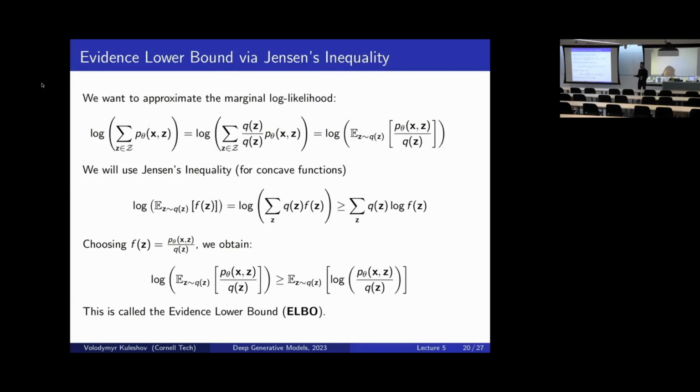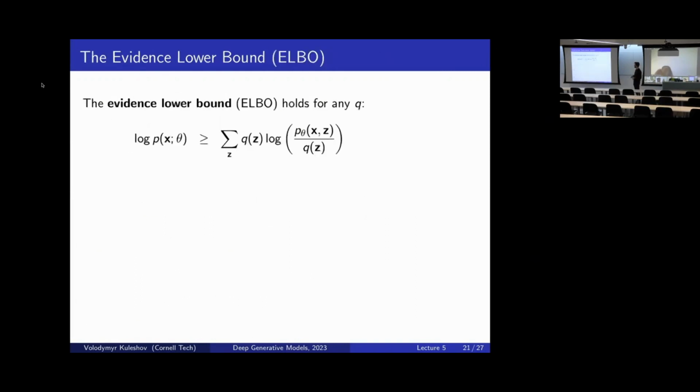It's as if we're pushing the marginal likelihood from below by pushing the ELBO up. So that's going to be our strategy. Instead of optimizing the marginal likelihood itself, we're going to be maximizing this lower bound called the ELBO. Okay, and this inequality summarizes what we just showed. The marginal likelihood is lower bounded by this ELBO.